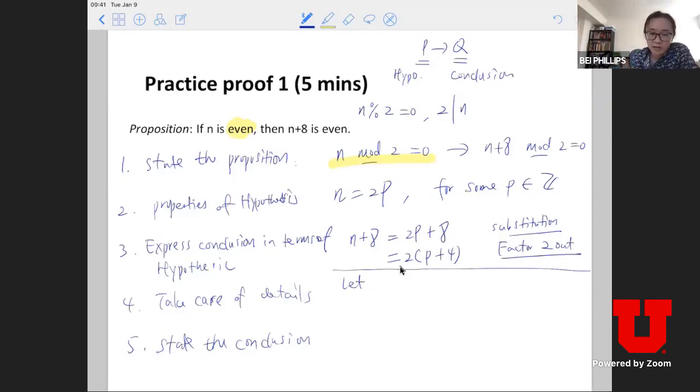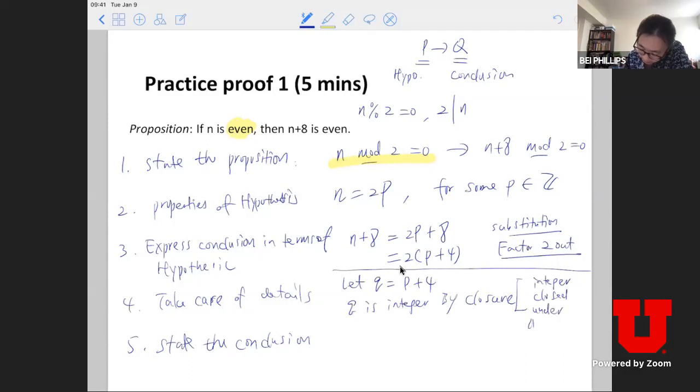Now I need to take care of some details. Now I have expressed n plus 8 to be 2 times something. Now I need to prove that that something is also an integer. So let q be p plus 4, and then q is an integer by closure, since integers are closed under addition.